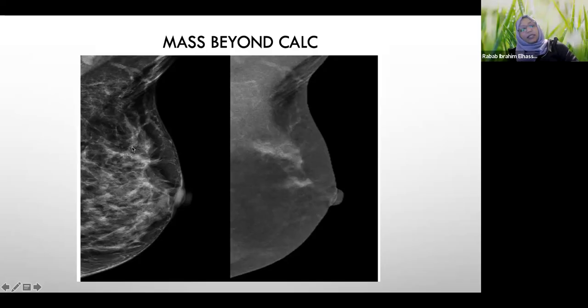Normally, most of the time, we don't see anything on ultrasound. And then we rely on stereotactic biopsy to biopsy the calcification. But here it's obvious that there is a mass behind it that makes it upgrade instantly to a BI-RADS 5.